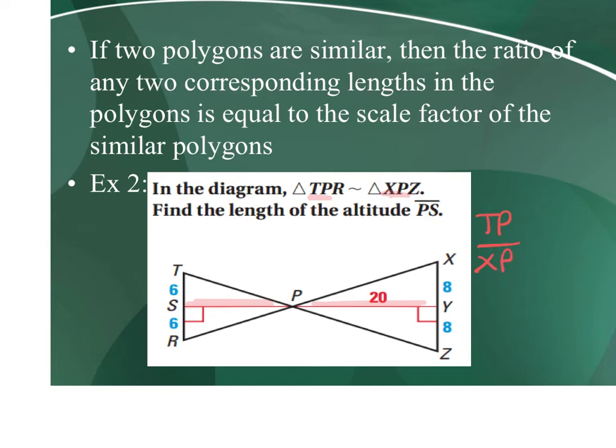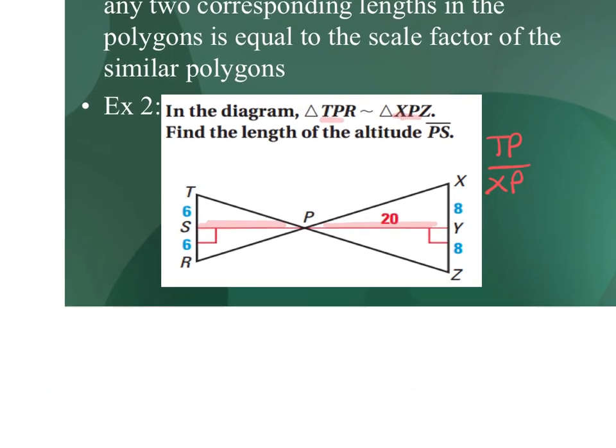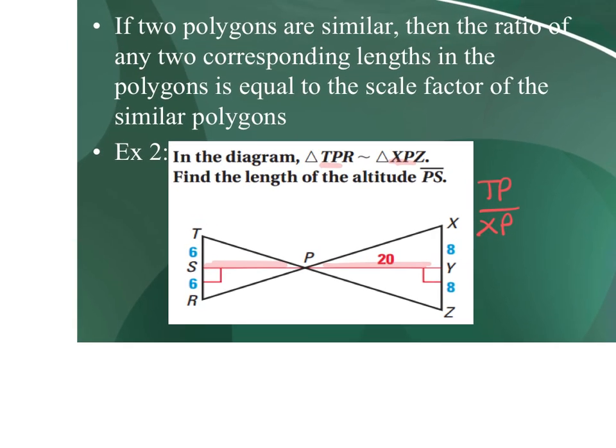Now, I don't know TP. I don't need that one, sorry. But that's what's going to match. Let me just use the ones that I have that match. So I'm going to be using the TR, the beginning and the end, with the XZ.